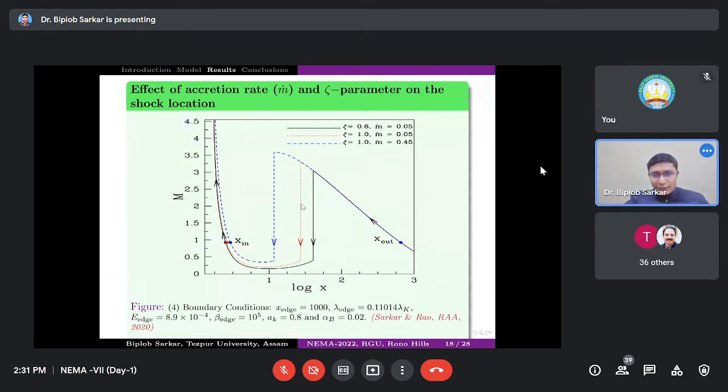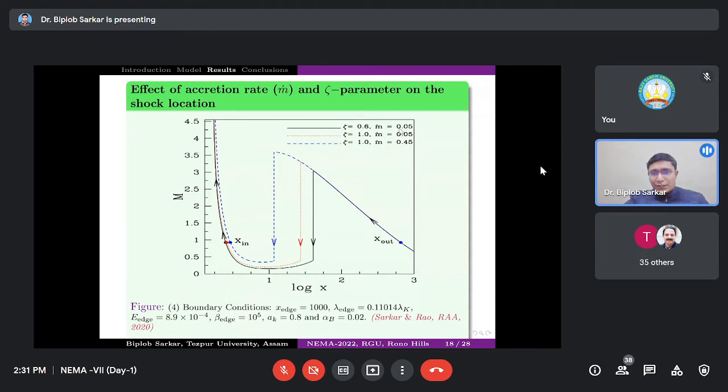So this is a case of a rapidly rotating black hole. The viscosity parameter we have fixed, and we have injected matter with zeta 0.6 and accretion rate 0.05, and the black vertical arrow shows the position of the shock jump for zeta 0.6 and m-dot 0.05.